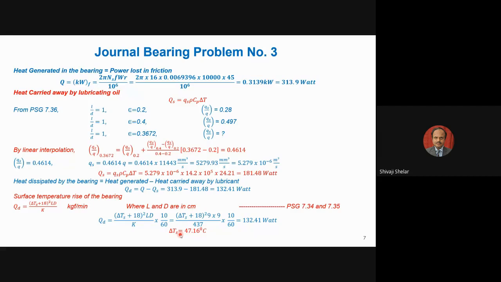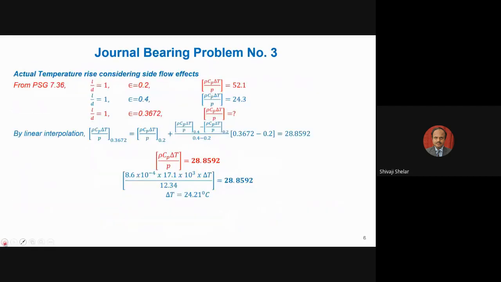So when we calculate the delta T value for the lubricant and add the inlet temperature, suppose the inlet temperature of the lubricant is 30 degrees Celsius, then 30 plus 24 comes out to approximately 55. So our selection of viscosity of 25 centipoise for SAE 20 oil is correct. Otherwise, our design calculation will go wrong. So there is no issue.